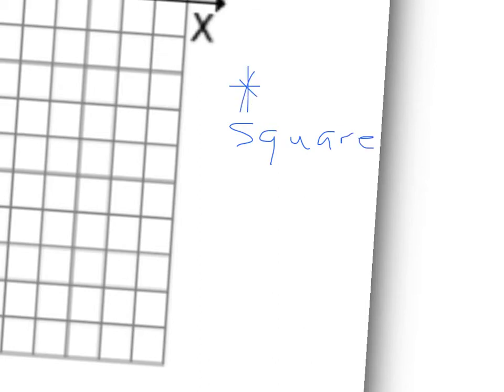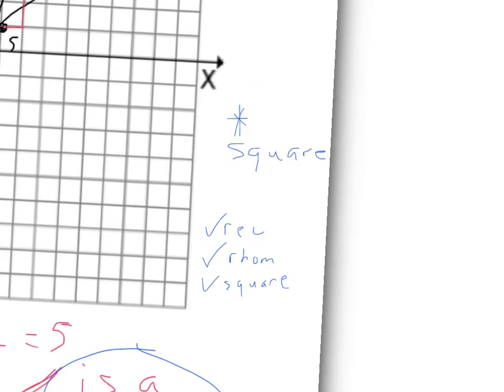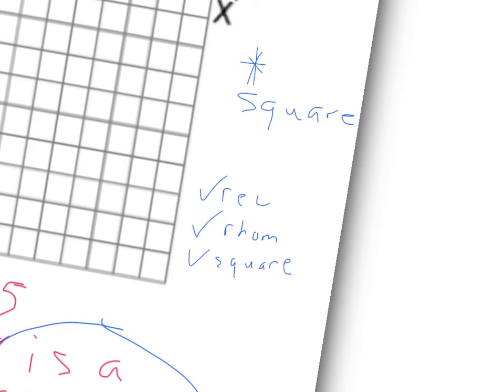Once again, if you have a rectangle and you have a rhombus, that automatically means that you have a square. If you just have one of those, let's say you had a rectangle, it would only be a rectangle. If you only had a rhombus, then it's only a rhombus. It's only a square if you have both of those things.